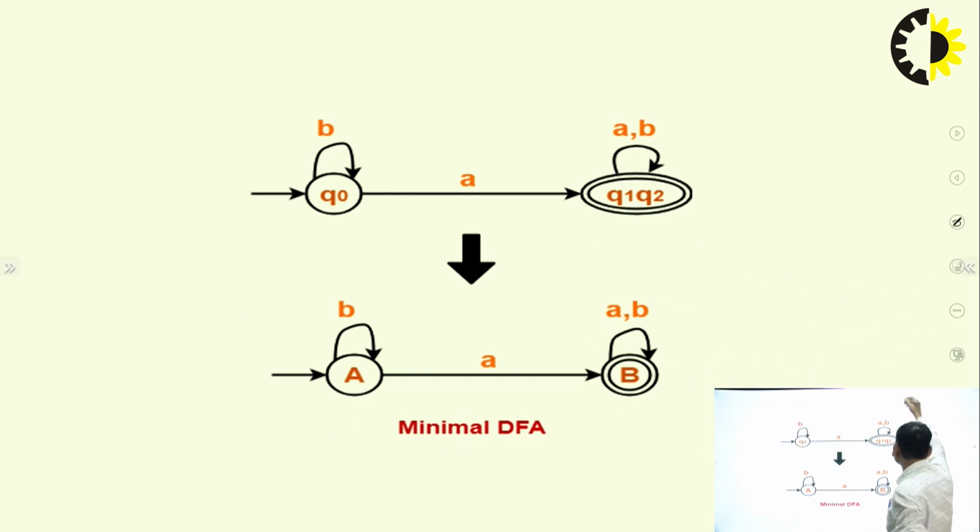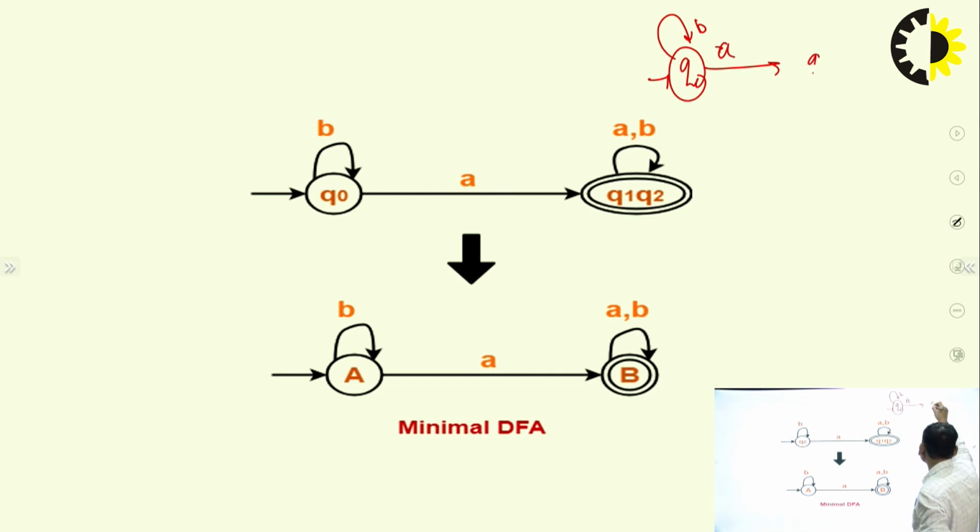Q0 as input, the transition diagram, also known as the state diagram. Q0 as input B goes to Q0, and Q0 as input A goes to Q1 and Q2.